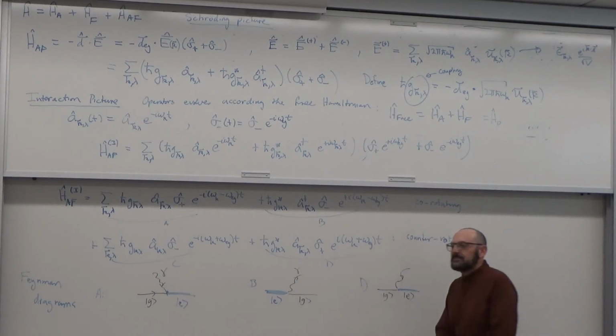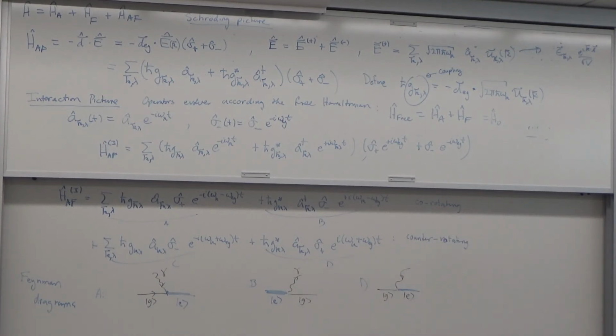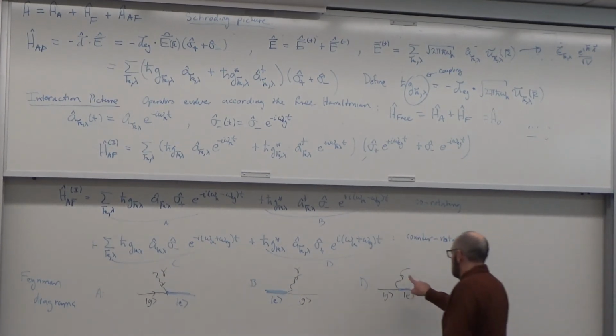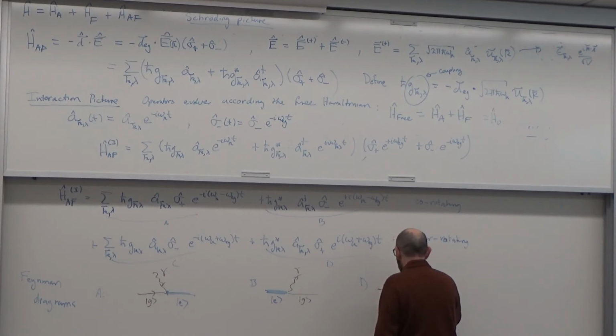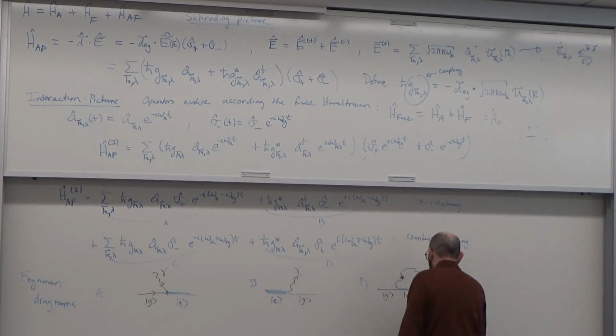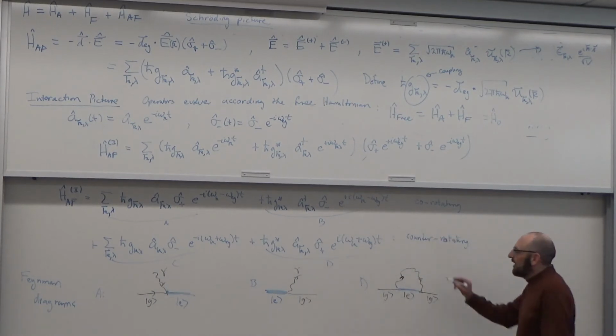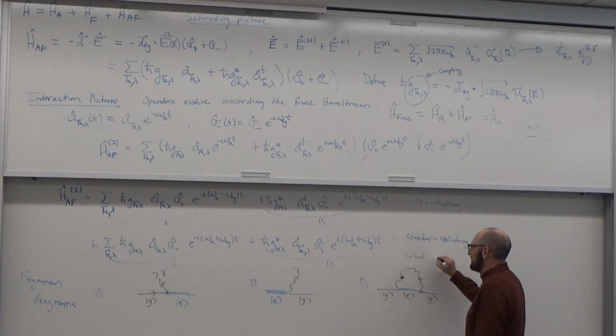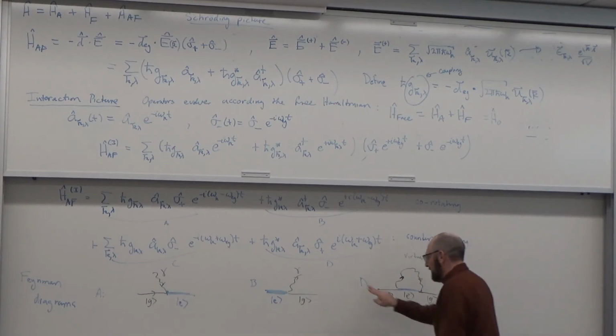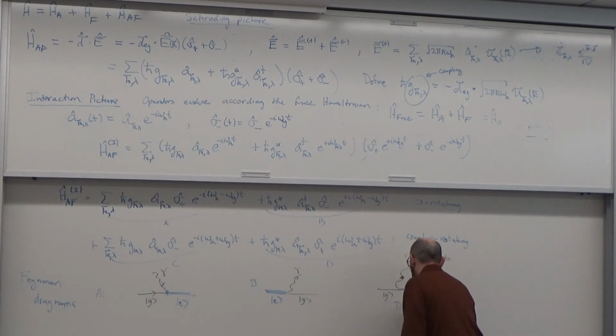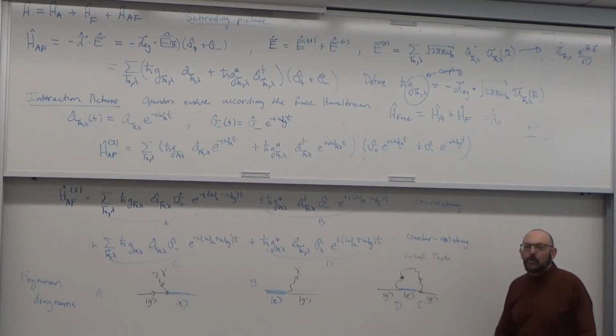Is that possible? Well, I can't do that alone, that is not a good process, but it's certainly an allowed process if ultimately that photon gets reabsorbed and I go back to the ground state, emitting a virtual photon. So this is process D, and this is process C. In process C, I go from the excited state to the ground state, absorbing a photon.